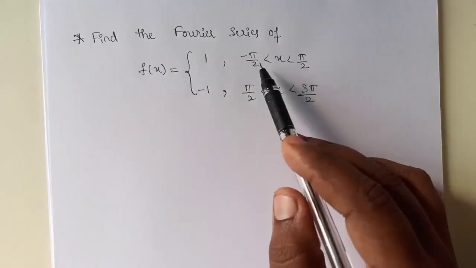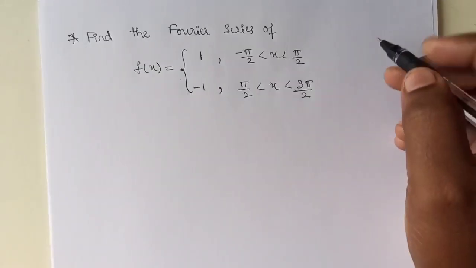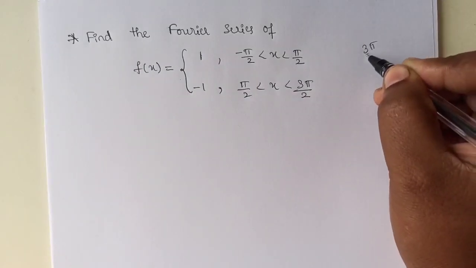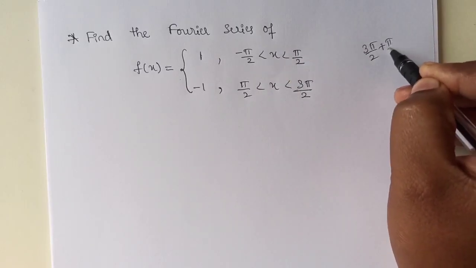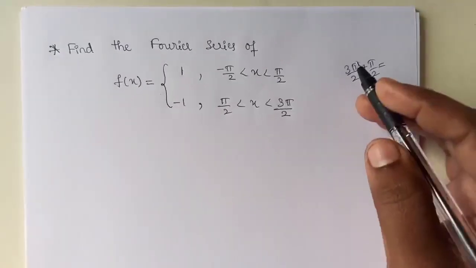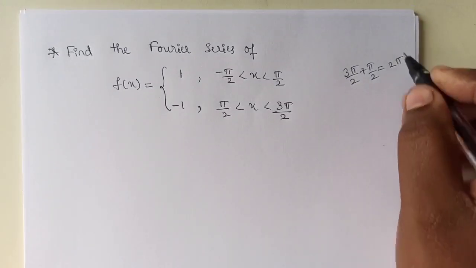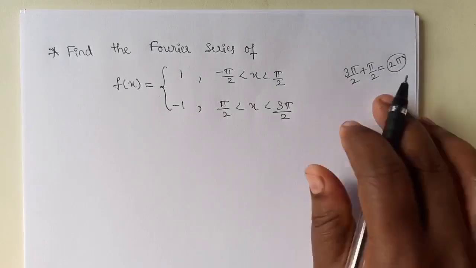You can observe that the length of this period is 3 pi by 2 minus minus pi by 2, which gives plus pi by 2, and on simplifying we get 2 pi. So the length of the period is 2 pi only.